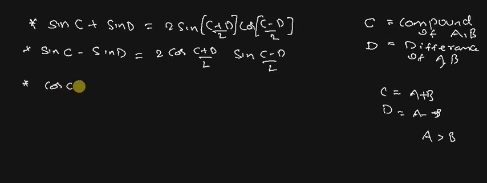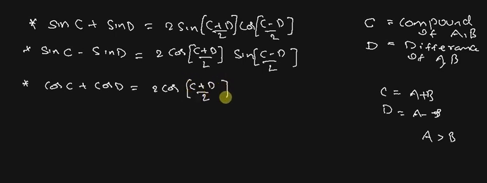Cos C plus cos D is equal to 2 cos (C plus D) by 2 into cos (C minus D) by 2.